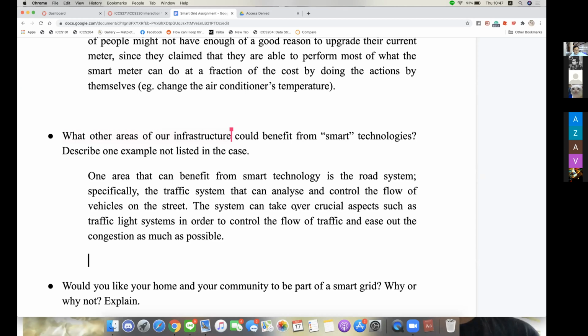The system can also take over crucial aspects such as the traffic light system in order to control the flow of traffic with as little congestion as possible. This is our idea to apply smart technologies.